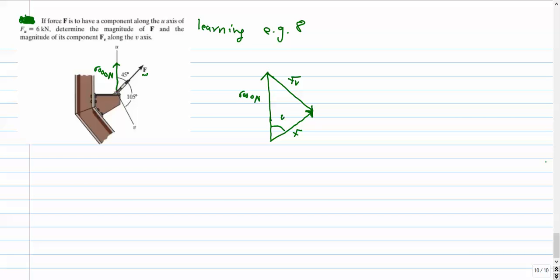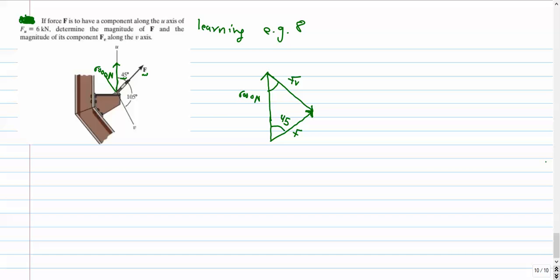We know that this angle is 45 degrees, which is also given in this diagram right here. This angle, we can get from the diagram too. This angle is the angle between the component of the force F along the v-axis and the component of the force along the u-axis. So this angle would be this angle right here.